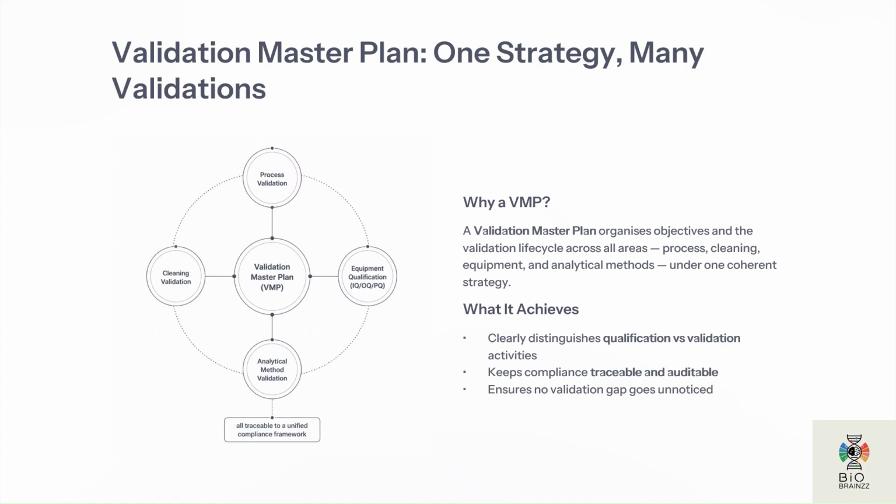The VMP clearly defines responsibilities, schedules, documentation requirements, and compliance expectations. It helps ensure consistency across departments and prevents validation gaps. A well-designed validation master plan improves traceability, audit readiness, and overall quality management.